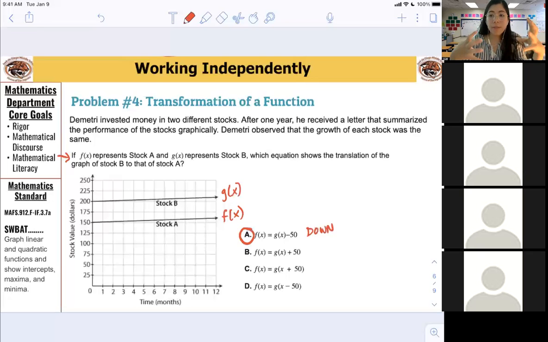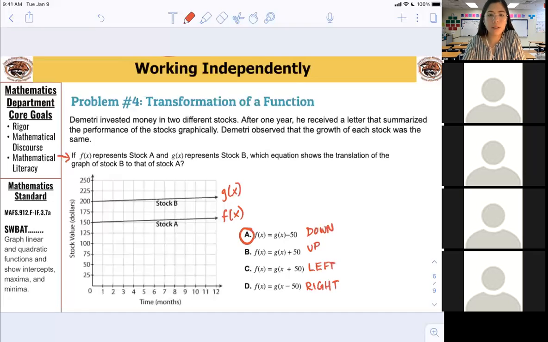Yeah, but on a graph, what direction would that be? To the right, because remember, Dehan, we have to think backwards. If it's in the parentheses, we think backwards. So what about B? B tells me to go where? Up. And then C? Left, because we think backwards.